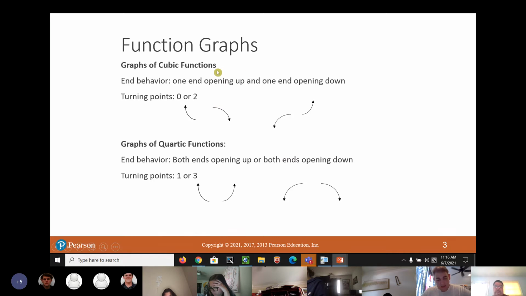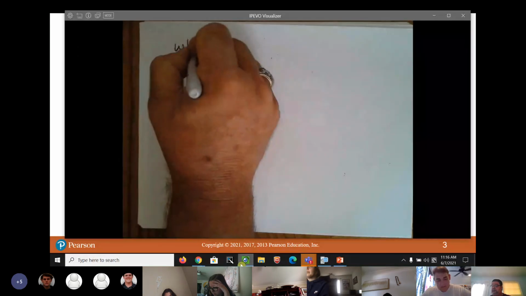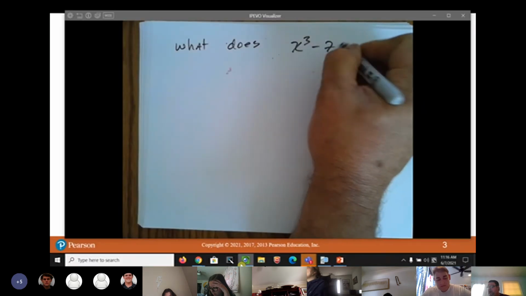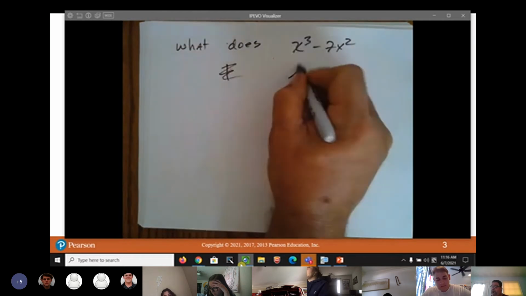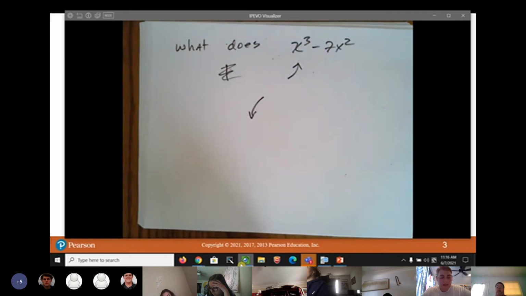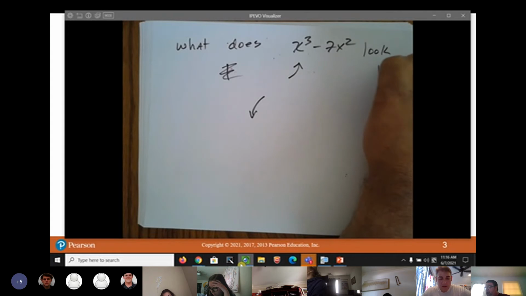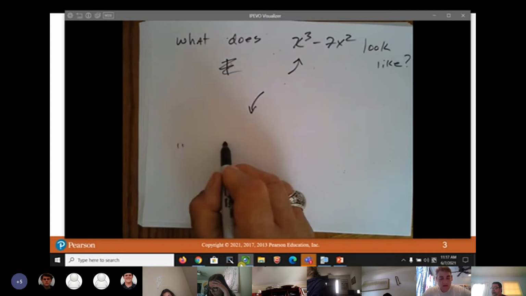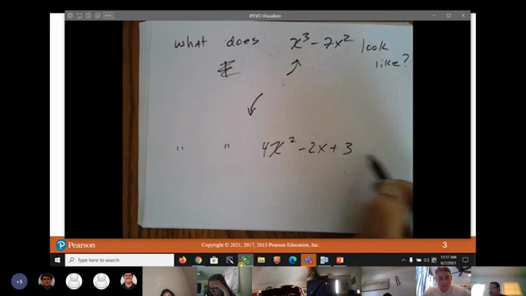So if I give you a test question, and the test question looks like this: what does x to the third minus 7x squared look like? You're going to say that's what it looks like, if they don't ask anything else. Or what is the ending behavior? What does 4x squared minus 2x plus 3 look like?